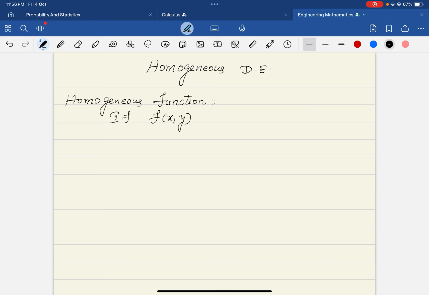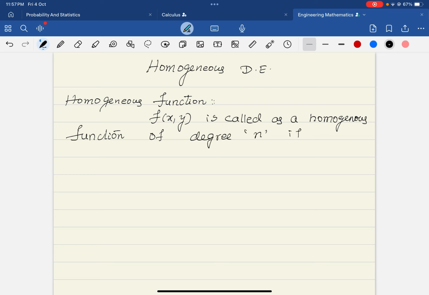This function is called a homogeneous function of degree n if it satisfies this condition: f of kx comma ky is k power n times f of x comma y, where k is a constant.